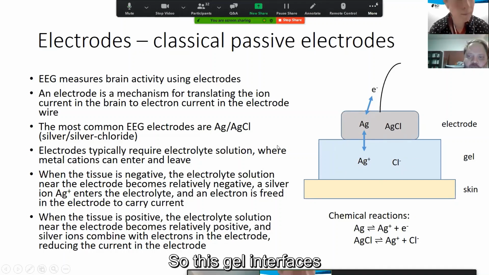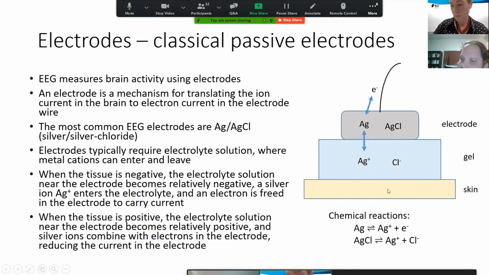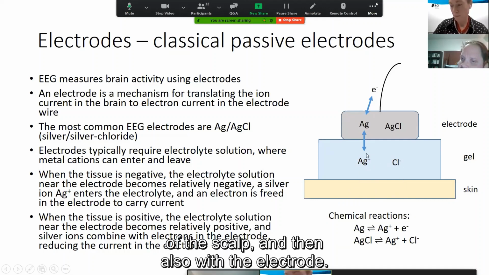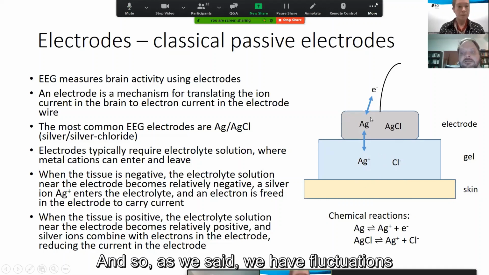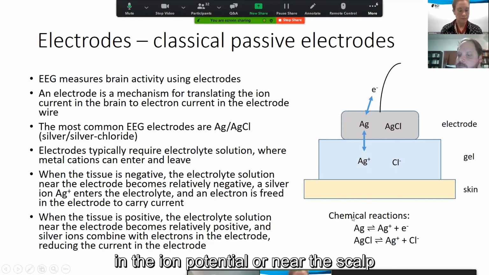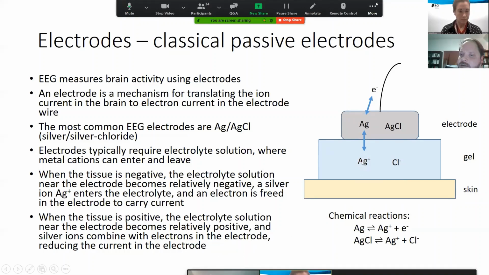So this gel interfaces with the tissue, and in the case of EEG, with the skin of the scalp, and then also with the electrode. And so, as we said, we have fluctuations in the ion potential near the scalp, and this creates fluctuations in the electrolyte gel.